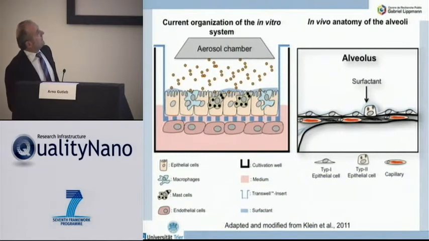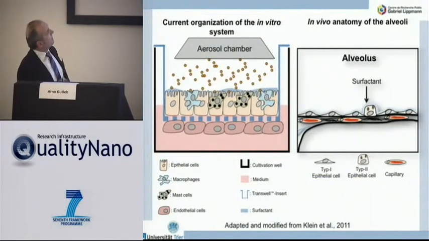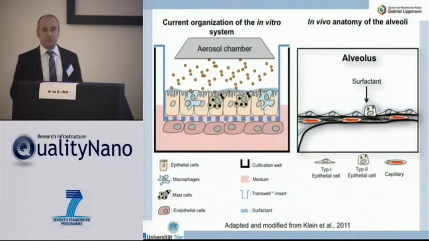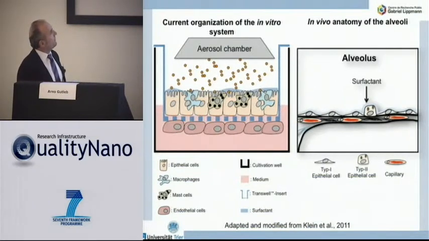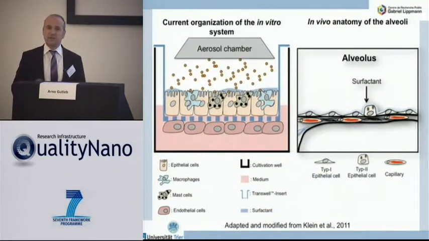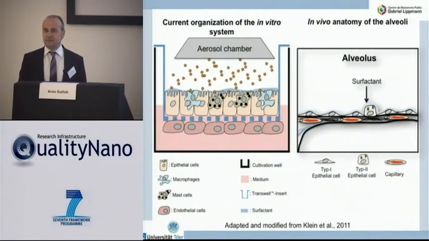What was very important for us is that in the physiological situation you have surfactant, so we wanted to know whether our cells really produce surfactant. That was one of the aims in the first period, because we want to have a functional system that is as close to the real system as possible. We wanted to see whether our macrophages are really taking up particles.